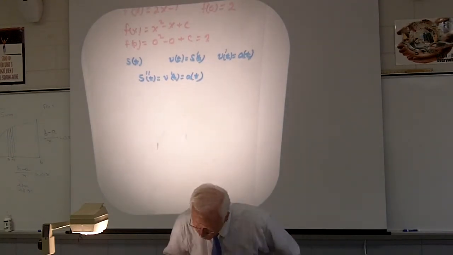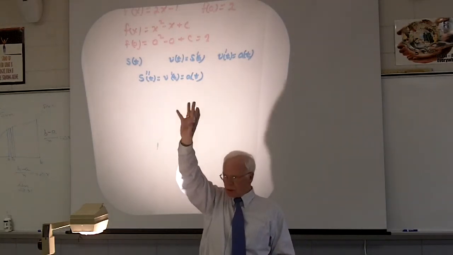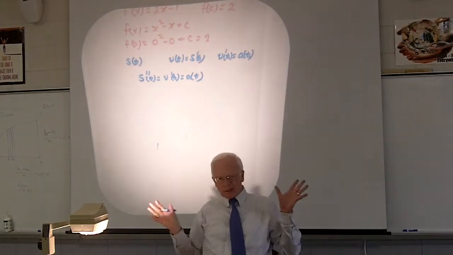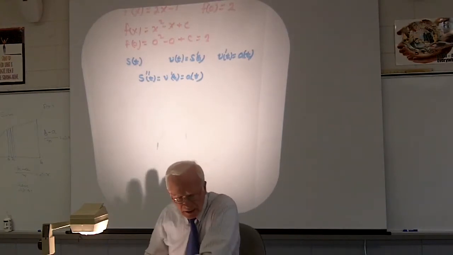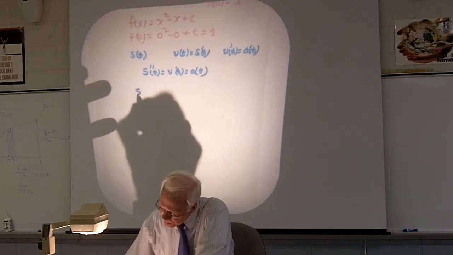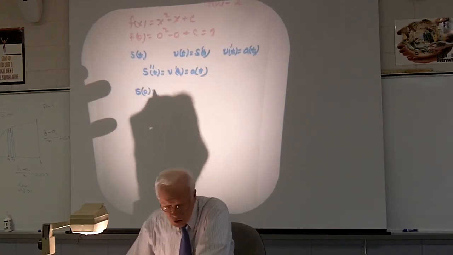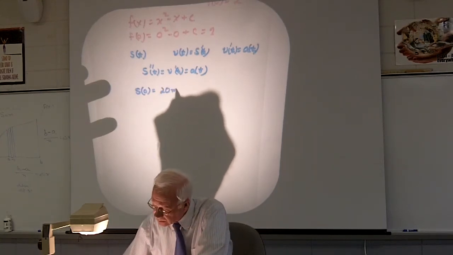Now here's the problem. I wanted to go to the PAC building next door, but to make things work, I had to go a little higher than that. And so I got up to the top, and I'm going to say that my displacement at 0 is equal to 20 meters. Did you throw something off the roof of the building?